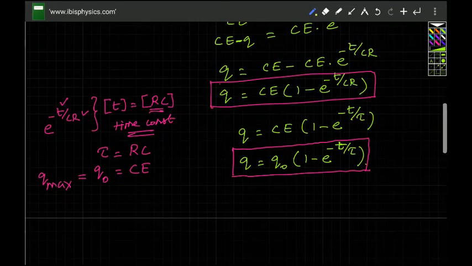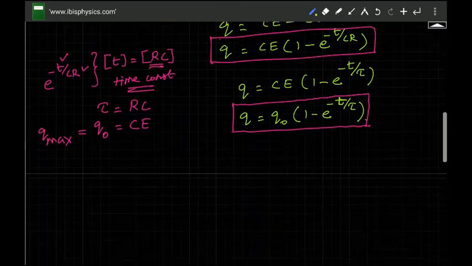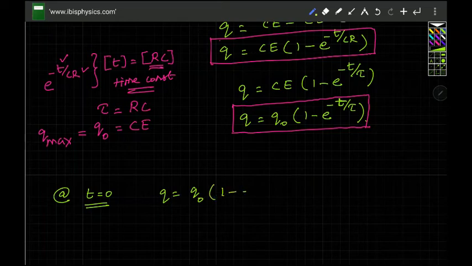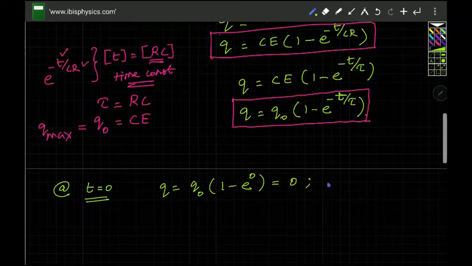Let us take the limits. At t equal to 0, what happens to this equation? Q is equal to Q naught into 1 minus e power 0 by anything, again 0. E power 0 is actually 1, so Q is equal to 0. At t equal to 0, the charge on the capacitor is 0.